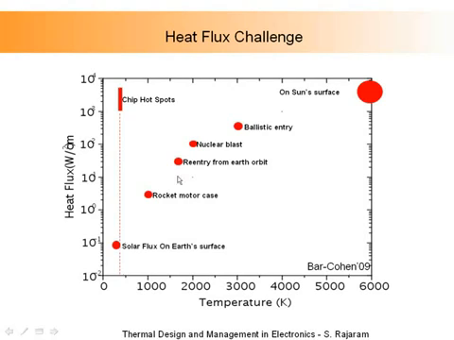Now, you can look at various phenomena here. For instance, if you look at a satellite or a rocket motor case, or maybe better still, this re-entry of a satellite orbiting the Earth. When it re-enters the Earth's atmosphere, it's traveling around 25,000 miles an hour. Because of frictional heating, the surface of that satellite or rocket actually reaches somewhere around 1700 degrees K, which can be in the range of 1500 to 1600 degrees Celsius.